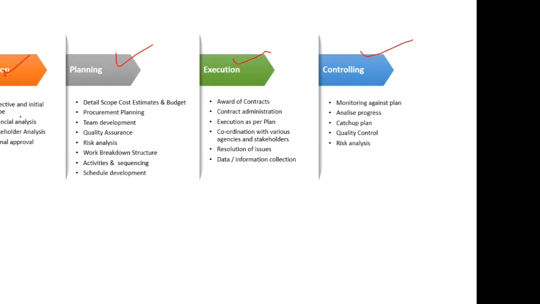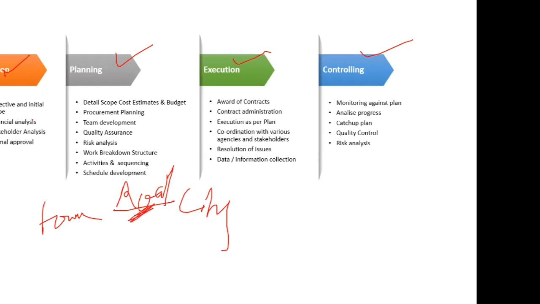Then you make only an initial scope: you need a road, maybe a flexible pavement or a rigid pavement. But that is only part of the initial scope. You haven't decided the proper alignment or the thickness of the different layers of the road. In the initial stage, you only decide that you need to connect this town to this city, and for that you require a road.